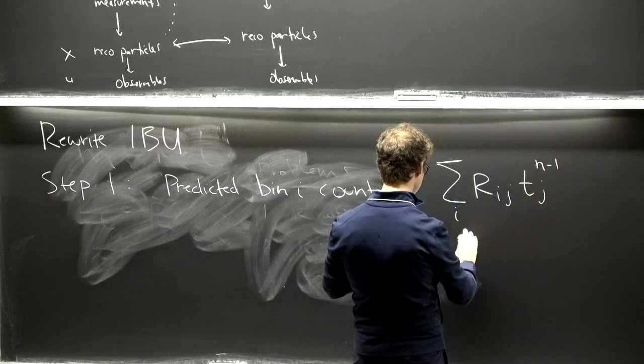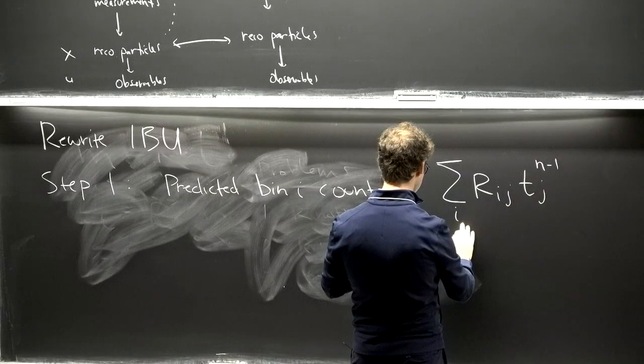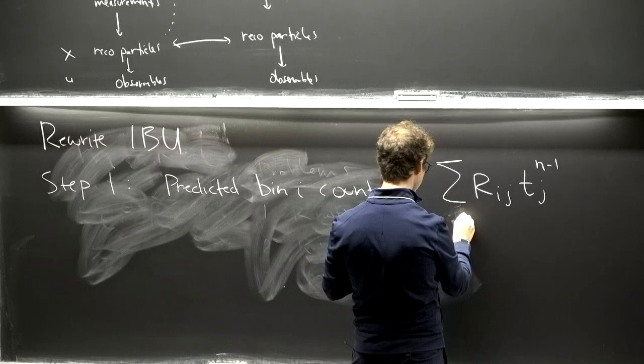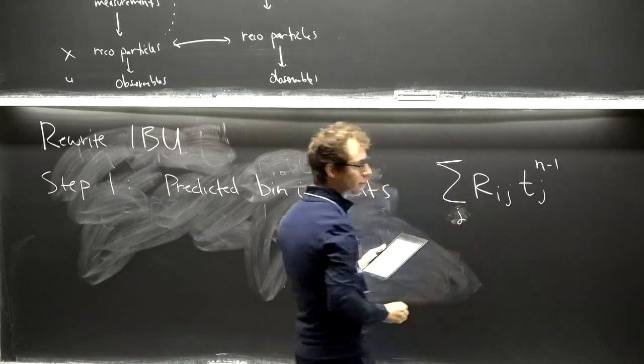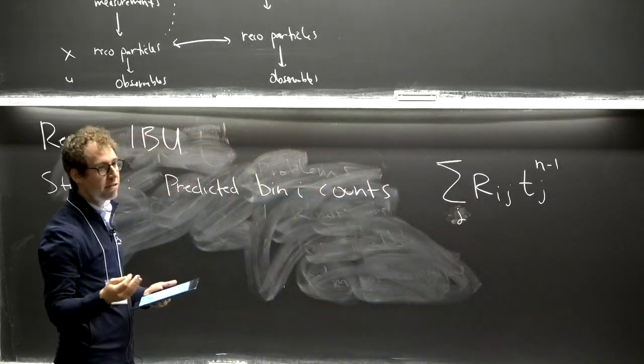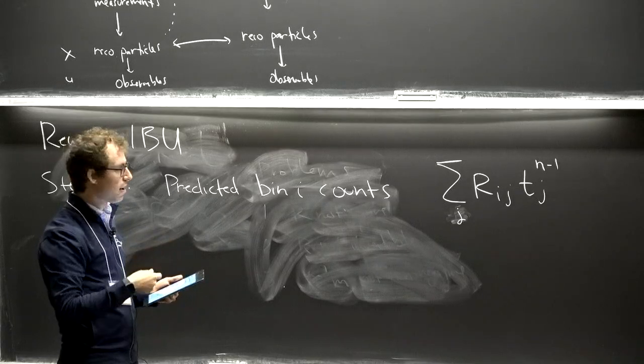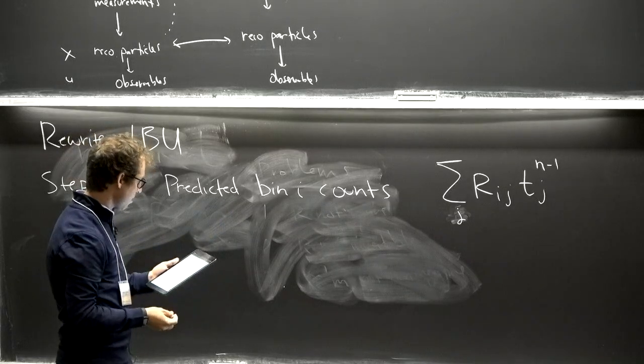This should actually be summed over J. So the number of counts in a particular measured bin, now the sum is over the truth, is that number.